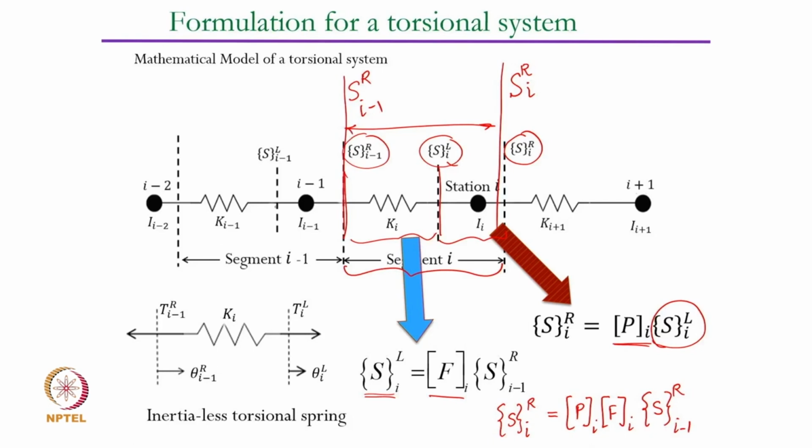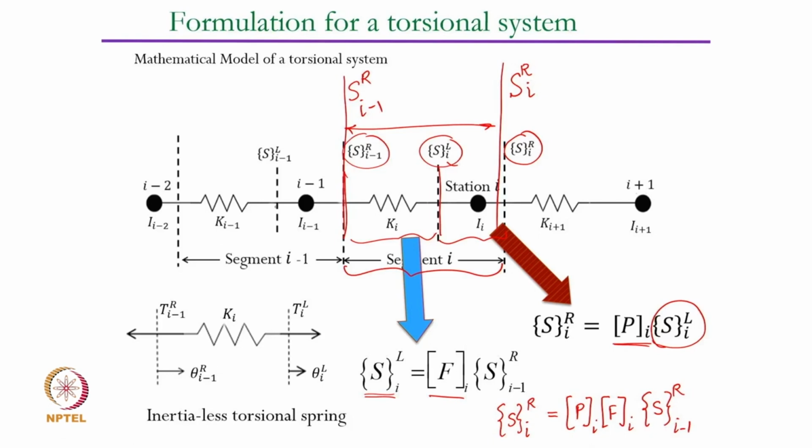Now the job is to go one more step beyond. You have got everything defined across a segment, so you have many segments coupled to each other. You keep on writing them in terms of the state vectors of the previous segment, and that's how you will ultimately get Sn related to S0. Why S0?